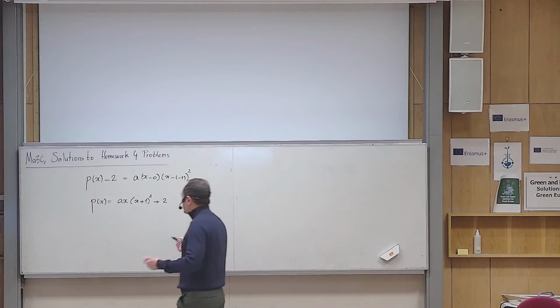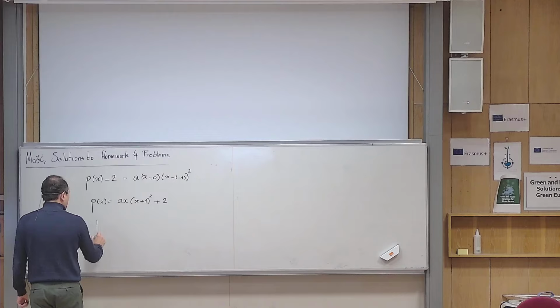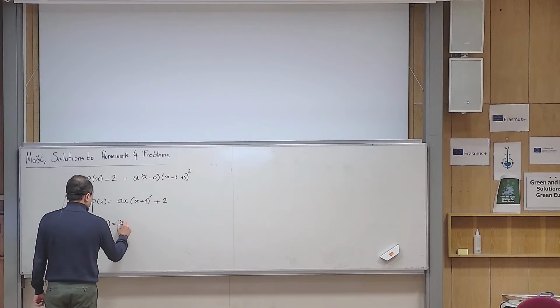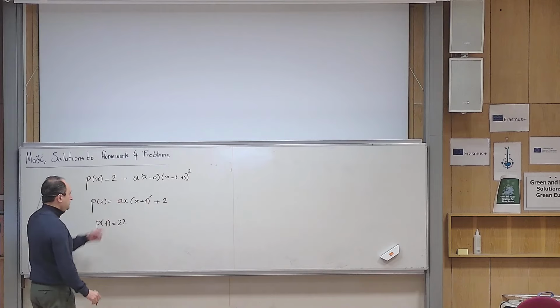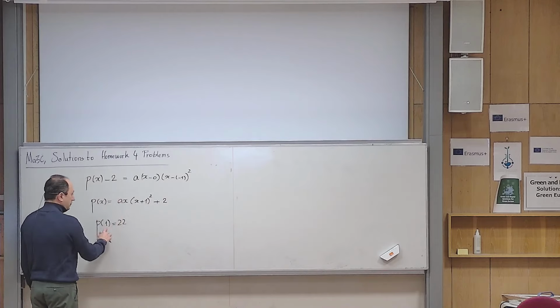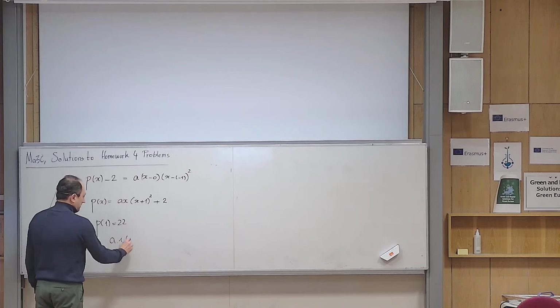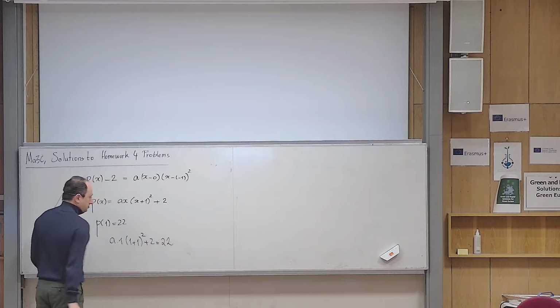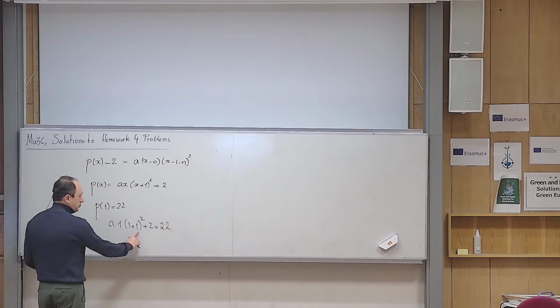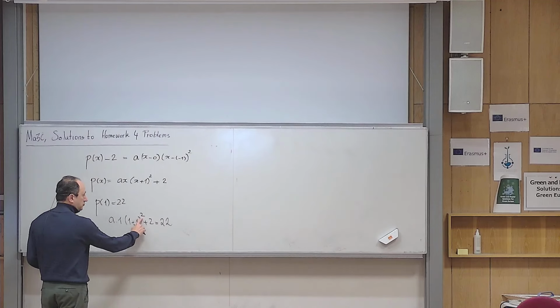Okay, so if I know that P of 1 is equal to 22, yes, 22, it means that if you go here and replace x with 1, the answer is supposed to be 22. So this becomes 2 to the power of 2, 4 times a.